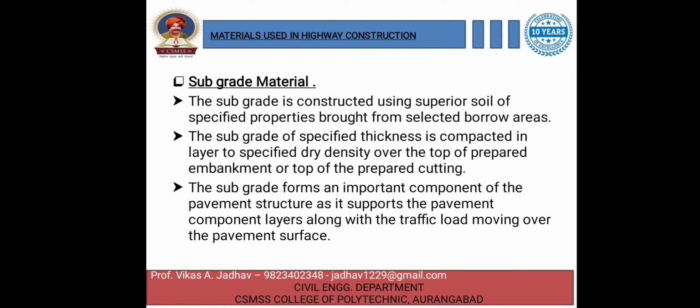Then the subgrade of specified thickness is compacted in layers to specified dry density over the top of the prepared embankment and the top of the prepared cutting. When we construct the embankment or prepare the cutting, on that embankment and cutting the subgrade is constructed. The subgrade is constructed to a particular thickness and the soil is again compacted to a required specified density.